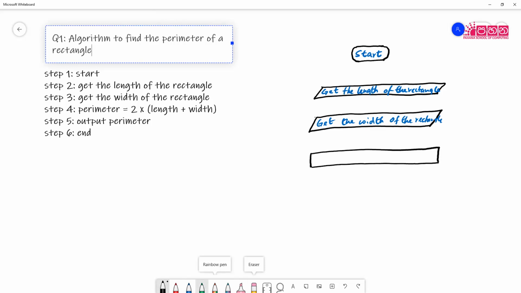And we know that we can find the perimeter by multiplying the addition of length and width by 2. So we can say 2 into length plus width. Okay. And the next one again, output the perimeter, or you can say display the perimeter.